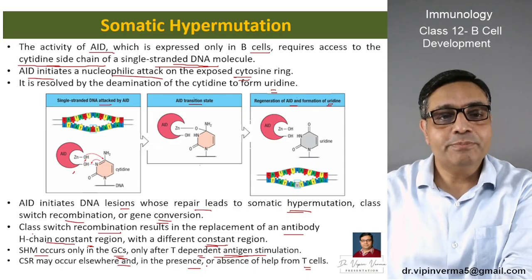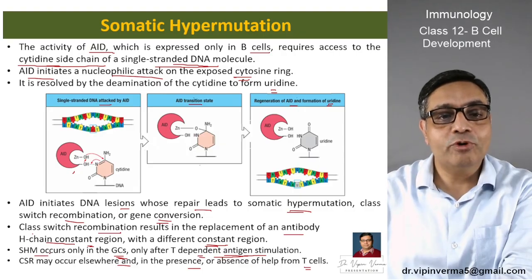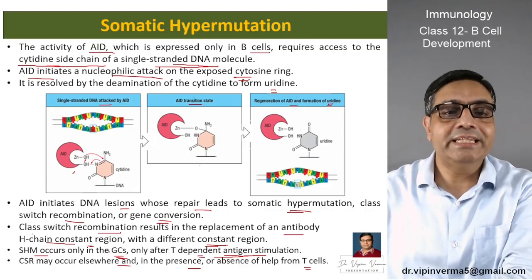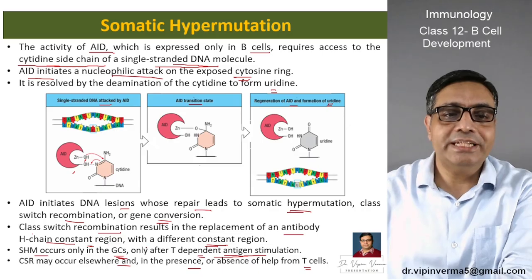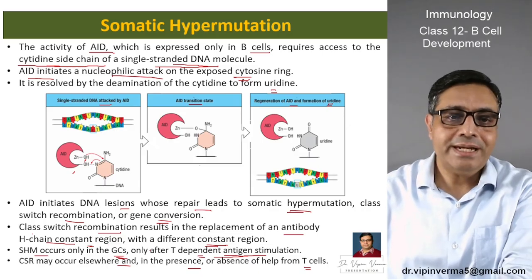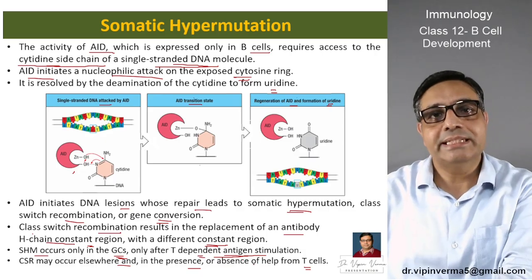So this is the difference between somatic hypermutation and class switch recombination. Somatic hypermutation occurs exclusively in germinal centers and only after T-dependent antigen stimulation, while class switch recombination may occur elsewhere, and in the presence or absence of help from the T cells.